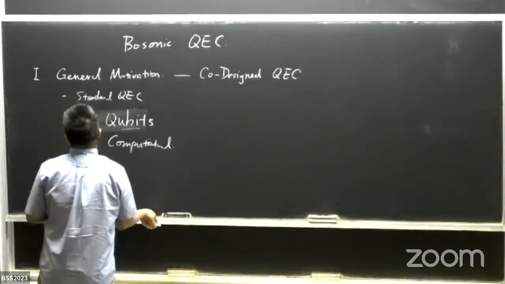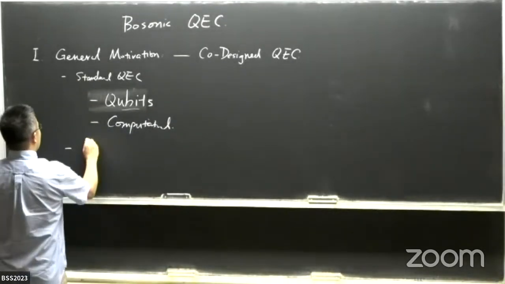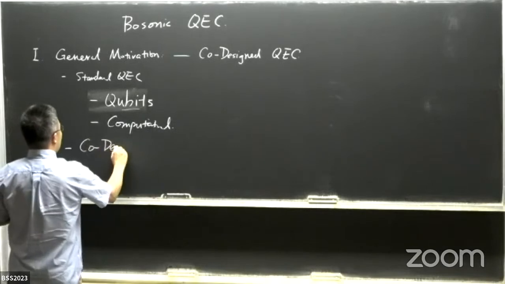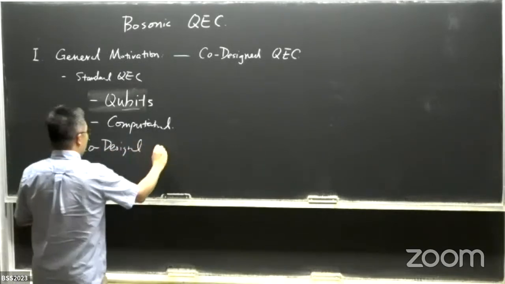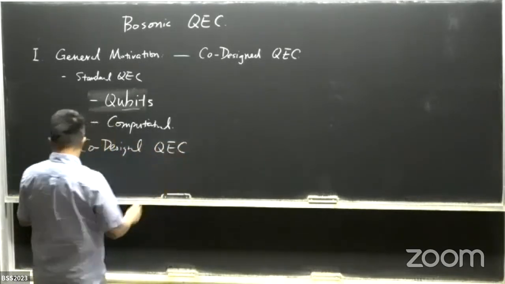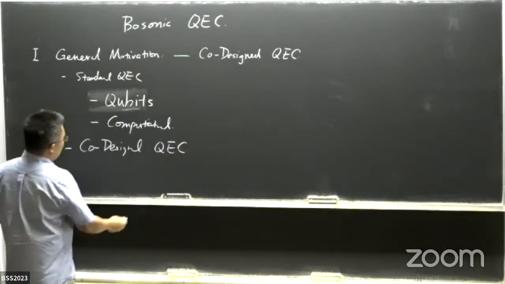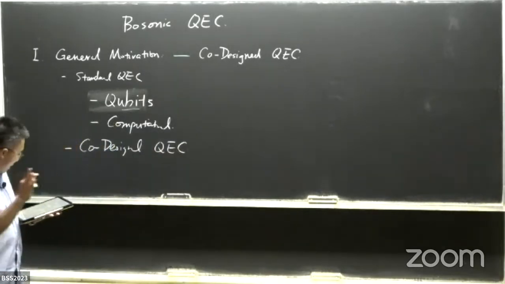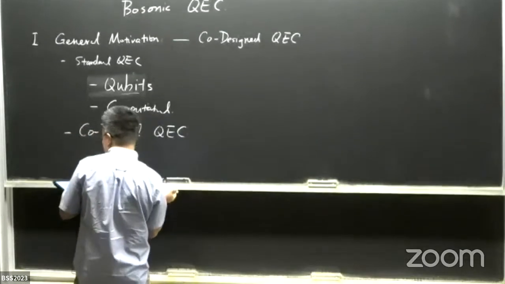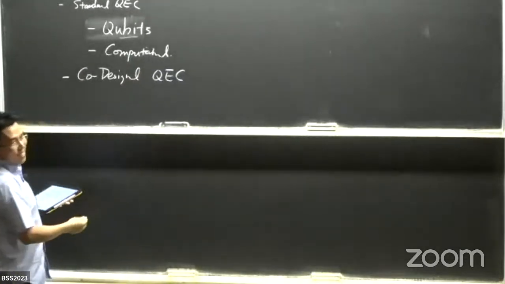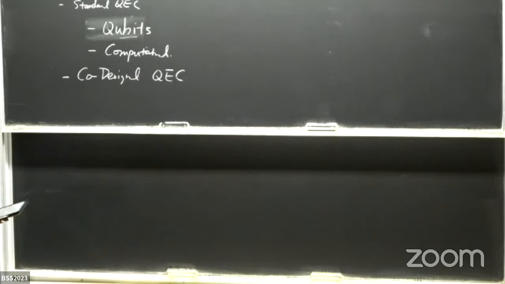So that motivates us to think about co-designed quantum error correction. That's what I'm going to explain. It's a word you may see in lots of proposals, where people put co-design in there.